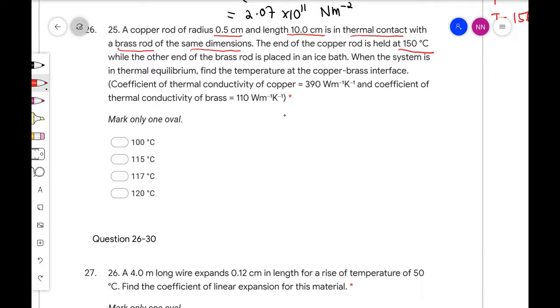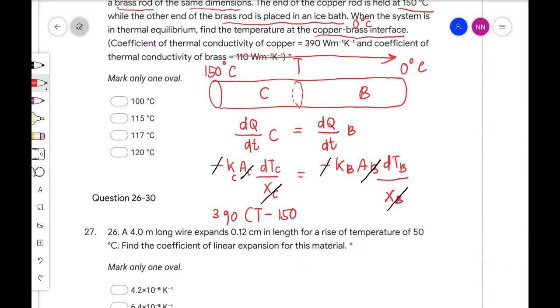So it is easier now to substitute values. Kc is 390 and the change of temperature of copper is T minus 150. Heat is transferred from higher temperature to lower temperature, so the final temperature for copper is T and the initial temperature for copper is 150. So T final minus T initial is T minus 150.